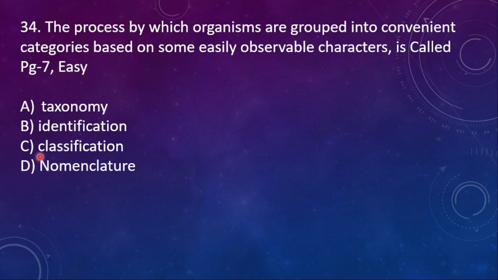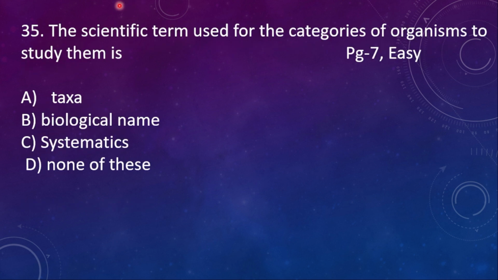So this one is the correct one, and nomenclature means naming of the organism. So the answer C is correct. The scientific term used for the categories of organisms to study them: categories of organisms he is asking, that is taxa.